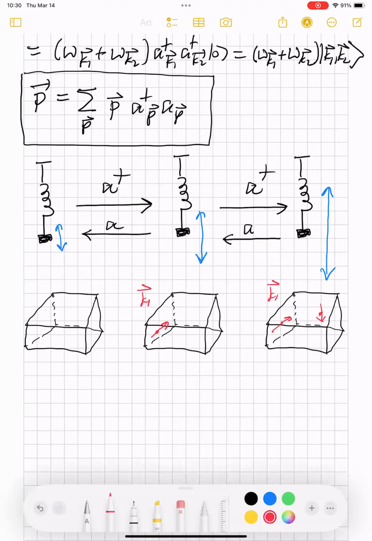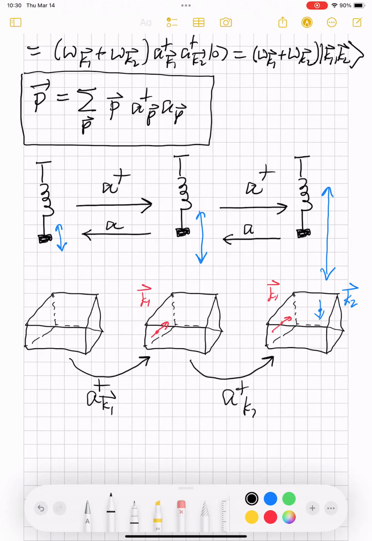Now, what is happening in our system is that to go from the box with no particles to the box with one particle, we act with a K1 dagger. To get the box now with a second particle, we would act with a K2 dagger.